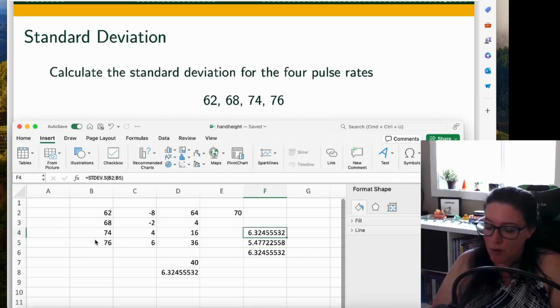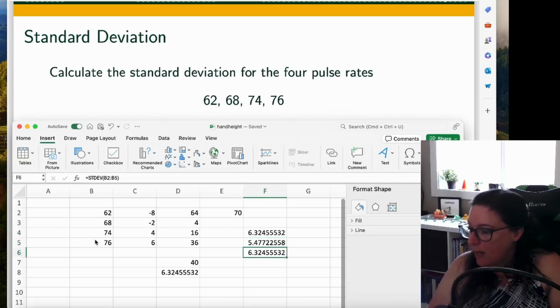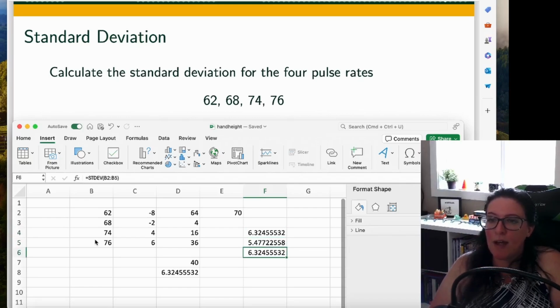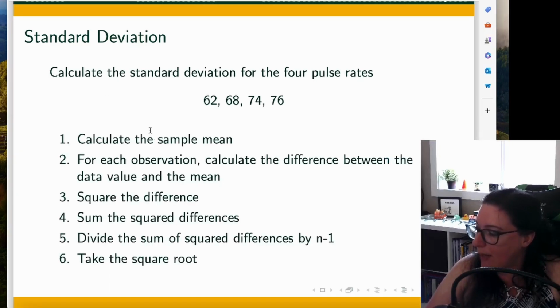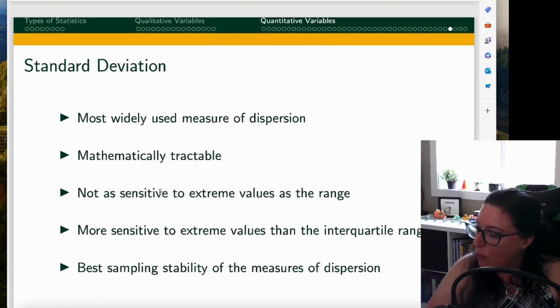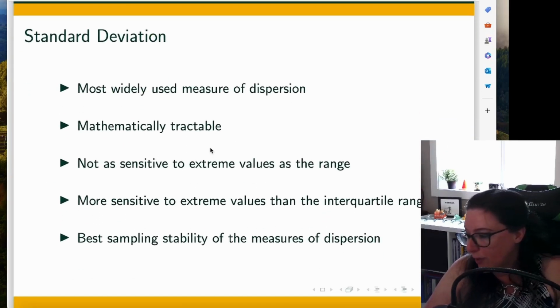STDEV.S is the sample formula. STDEV.P is the population parameter. If you're using the old STDEV, it is the sample one. So I stand corrected from a second ago. That one is okay too if you're using the old formulas. So there is a difference in whether you're calculating the standard deviation for the population or the sample.